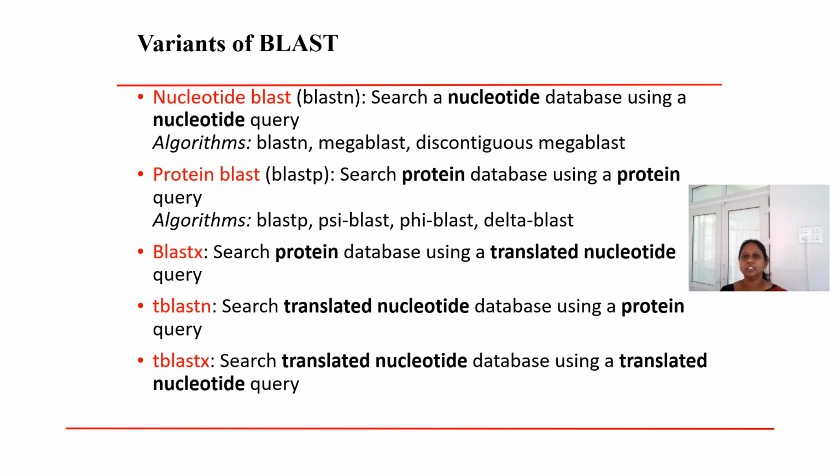It is going to be compared with the nucleotide database. Can anyone say an example of a nucleotide database? GenBank. GenBank contains the nucleotide database. So you take a query sequence as nucleotide, and you can compare it with GenBank. Not only GenBank, you have other options also.